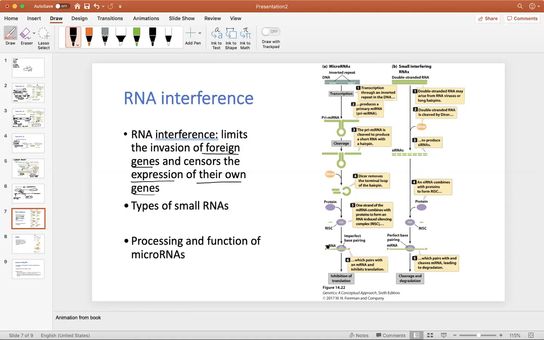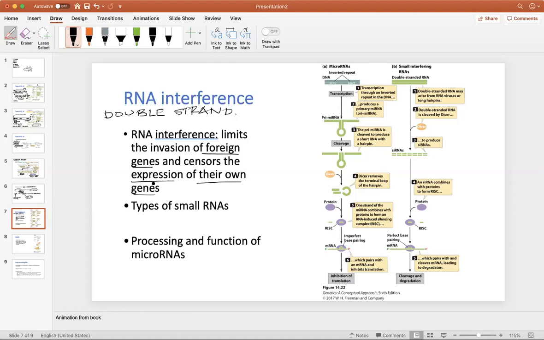And they got some knockdown of translation. But they found that if they injected double-stranded RNA, they really knocked down translation. And they couldn't figure out why that was. So the first thing I want you to know about RNA interference is that it deals with double-stranded RNA. Weird, right? We're going to come back to that, so just put a pin in that.